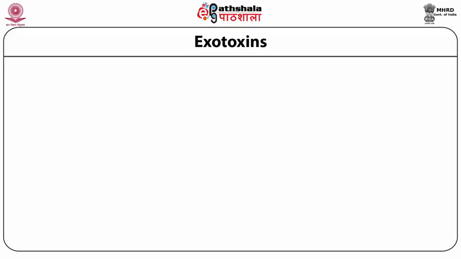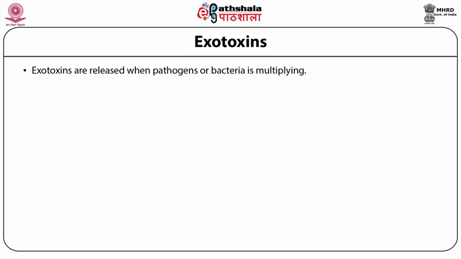Certain microbes secrete exotoxins. Exotoxins are released when the bacteria or the pathogen is multiplying. Generally, exotoxins have two subunits, one large subunit and one small subunit. The large subunit will bind to the target cell and cause the small subunit to move inside the cell. The small subunit will exhibit its toxic effect.